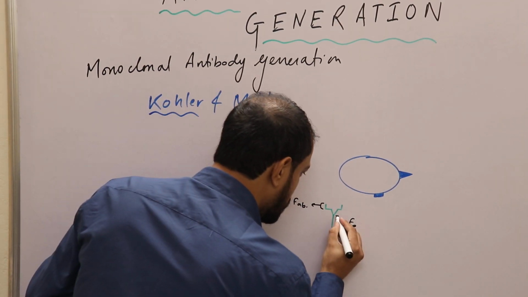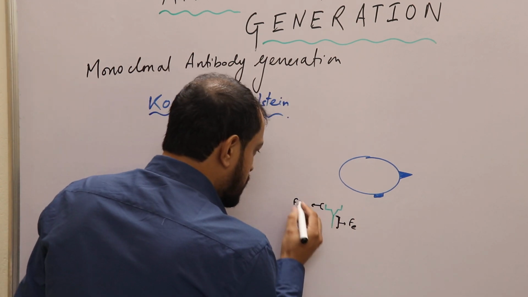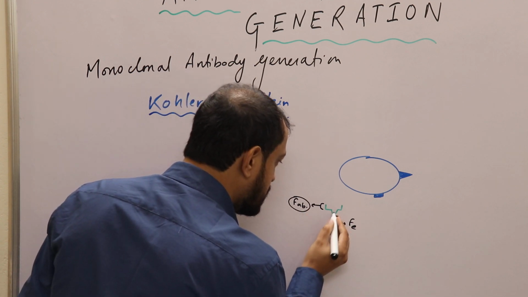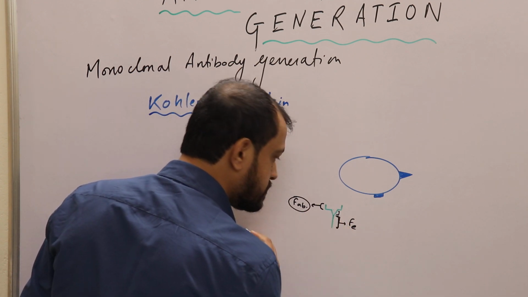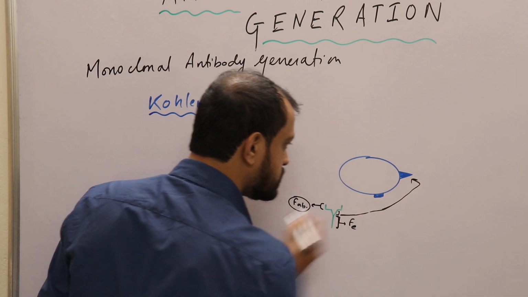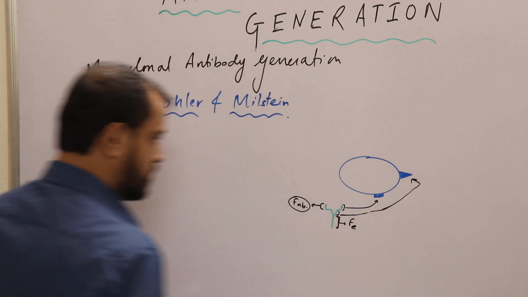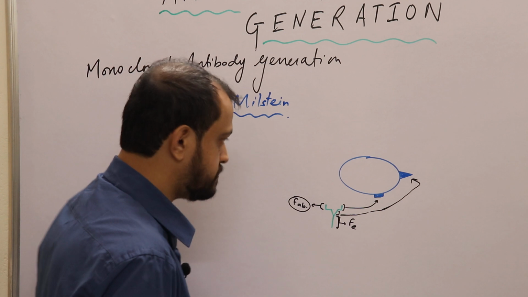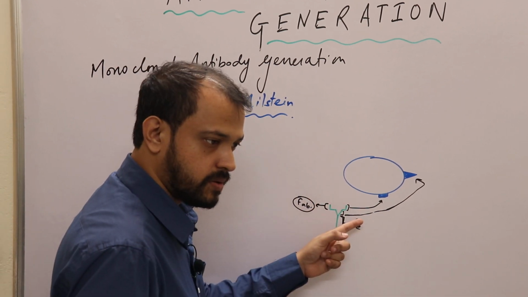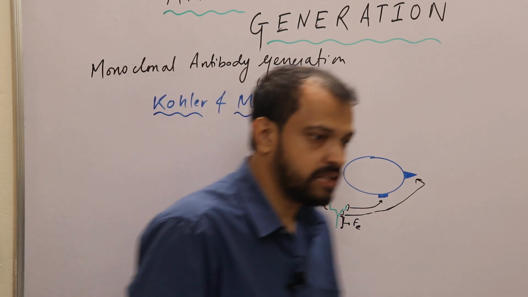Now listen, in the FAB portion, you can see that this particular segment can bind with this, and this particular segment can bind with this. That means what I am saying is, this is a polyclonal antibody, and in our body most of the time polyclonal antibodies are produced.